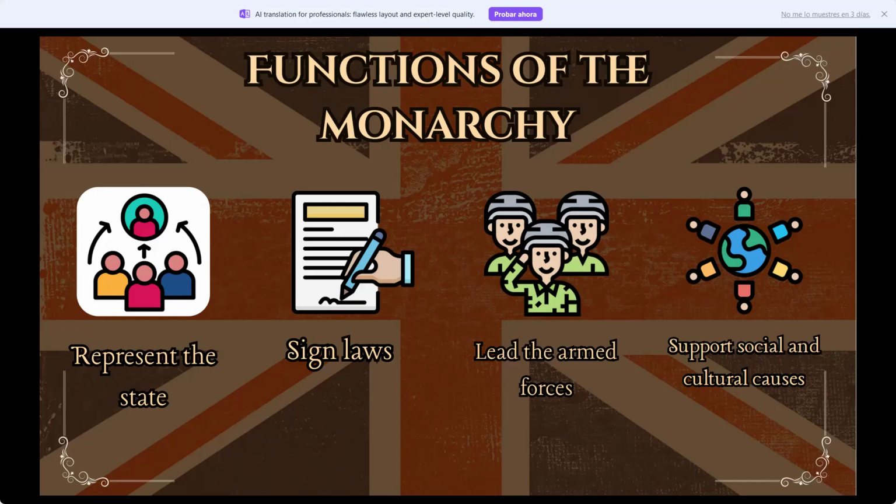Representing the state: the monarchy serves as a symbol of national unity and identity. It also supports social and cultural causes, and often promotes charity, education, and humanitarian work.